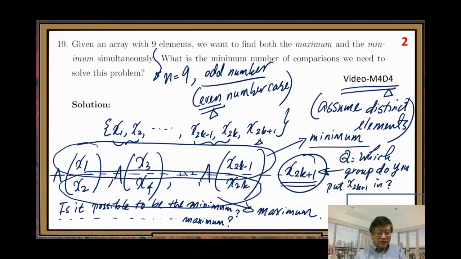Based on the answers of these two questions, you know how to handle that singleton element. If it's possible to be the minimum, if it is possible to be the maximum, then you can get the answer. All right, so that is our video 3.5.